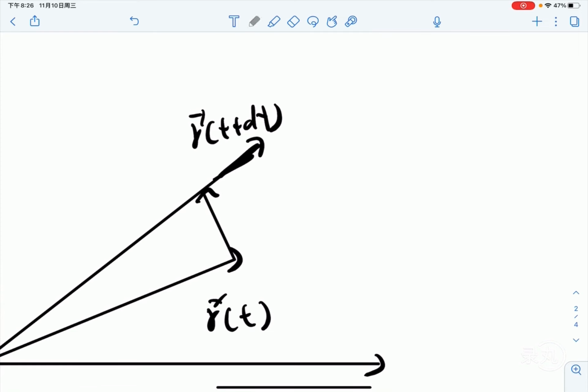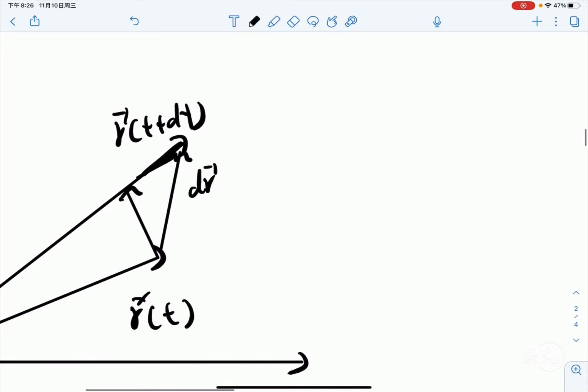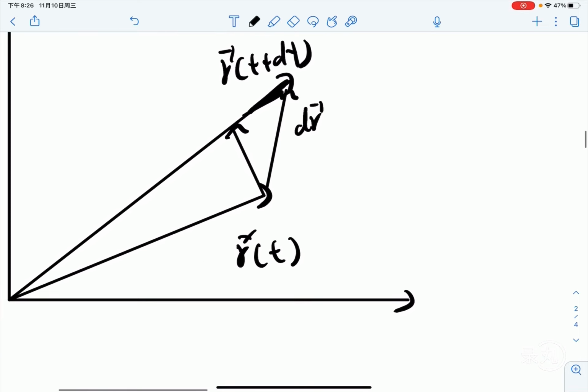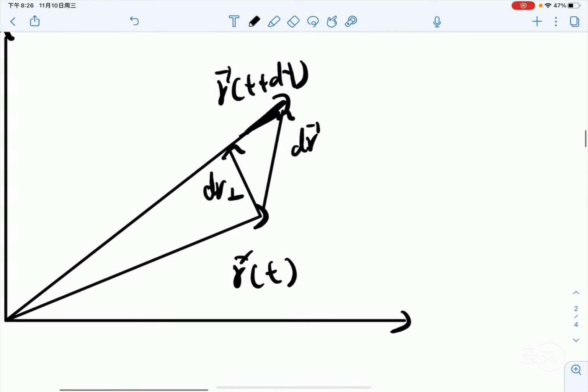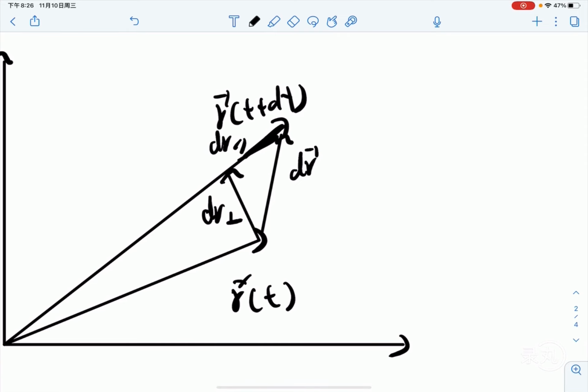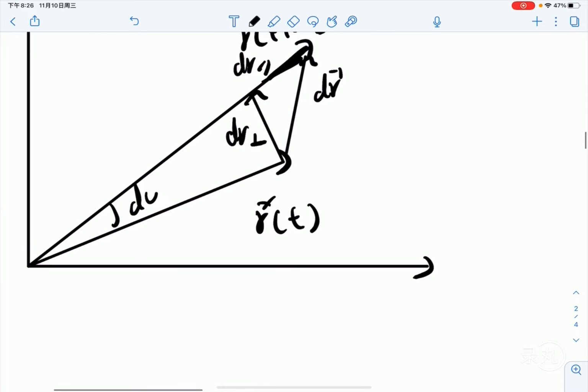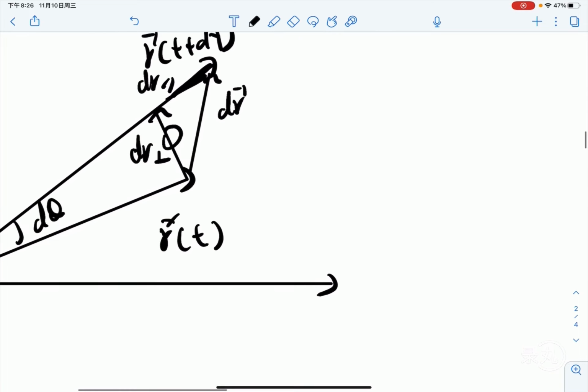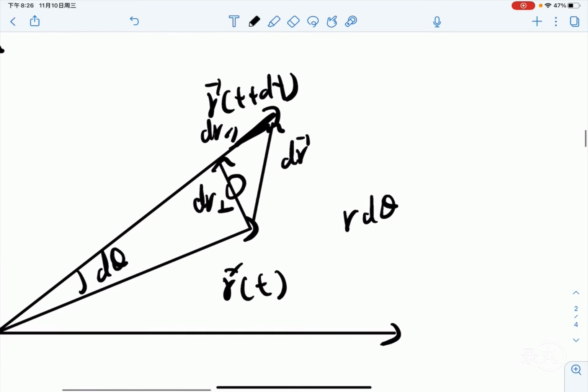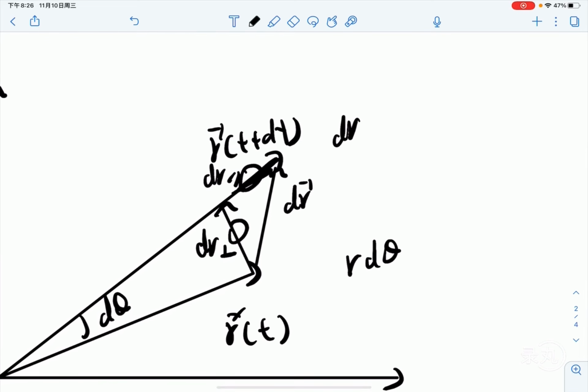And here is a change in r, dr. So this one is dr perpendicular, and this one is dr parallel. And you know that d theta, so this is basically r d theta, is the magnitude of this, and this is basically dr, changing the radius.